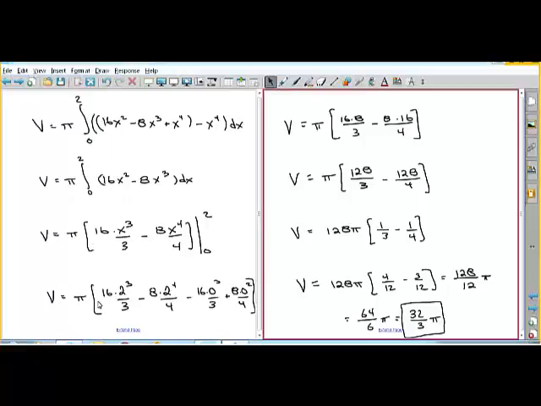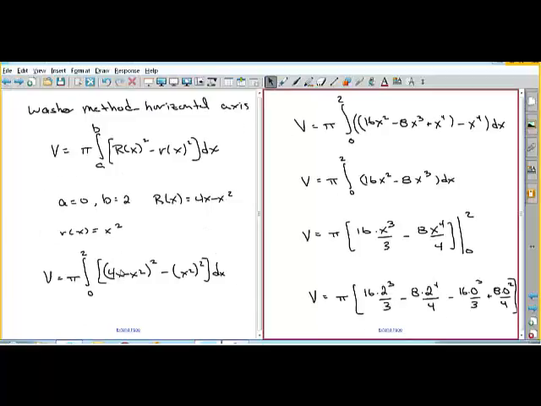Okay, so we multiplied this term out. What I did was I said 4x times 4x is 16x squared, and then you multiply 4x times negative x squared, and you get negative 4x cubed, and there's 2 of those, so you get negative 8x cubed, and then negative x squared times negative x squared is positive x to the 4th. You get negative the quantity x squared, which is x to the 4th. Those cancel out.